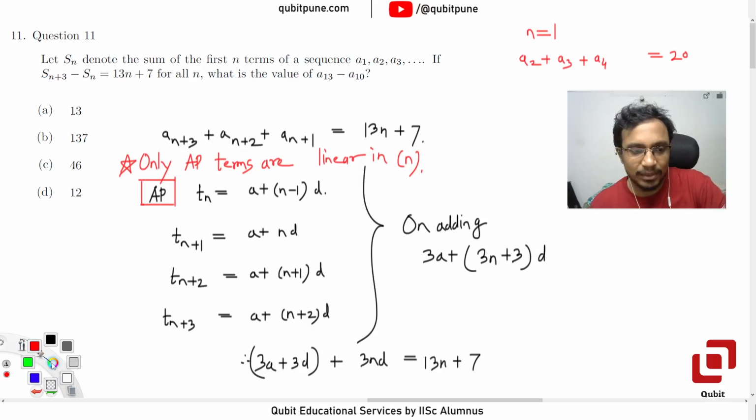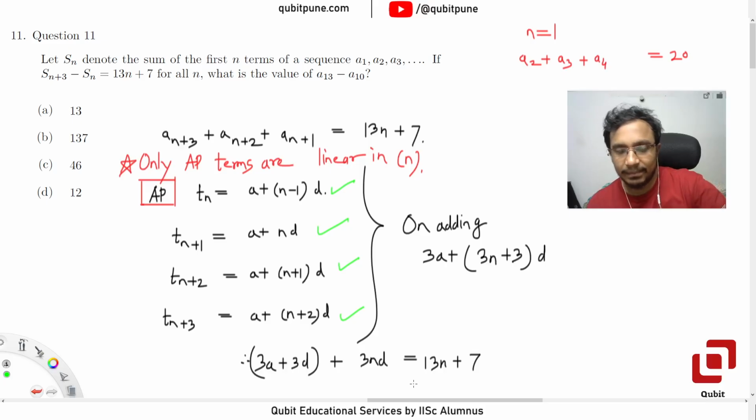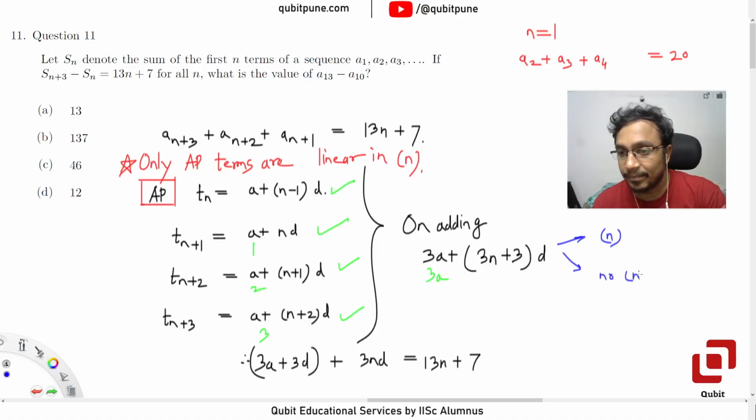I wrote a general formula for Tn of the AP, then I did it for n plus 1, n plus 2, and n plus 3, and then I added them, got A 3 times, so 3a, and then I added everything with d common, so n plus 1 plus n plus 2, I got it as 3n plus 3. Okay, now I knew that in this expression there is a term which contains n, and then there is another term which does not contain n, and I knew it here, 13n plus 7.